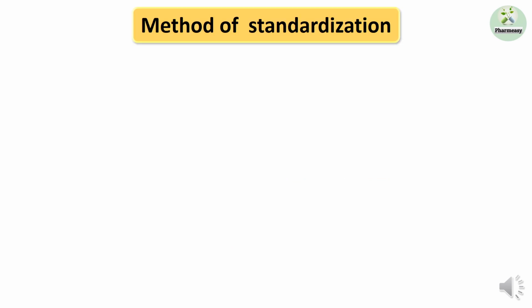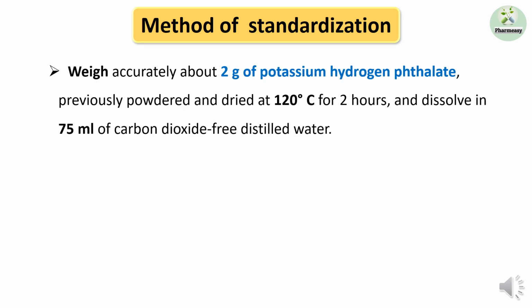Its method of standardization is 2 grams of potassium hydrogen phthalate weighed accurately, which is previously powdered and dried at 120 degrees Celsius for 2 hours. Dissolve it in 75 milliliters of carbon dioxide-free distilled water.